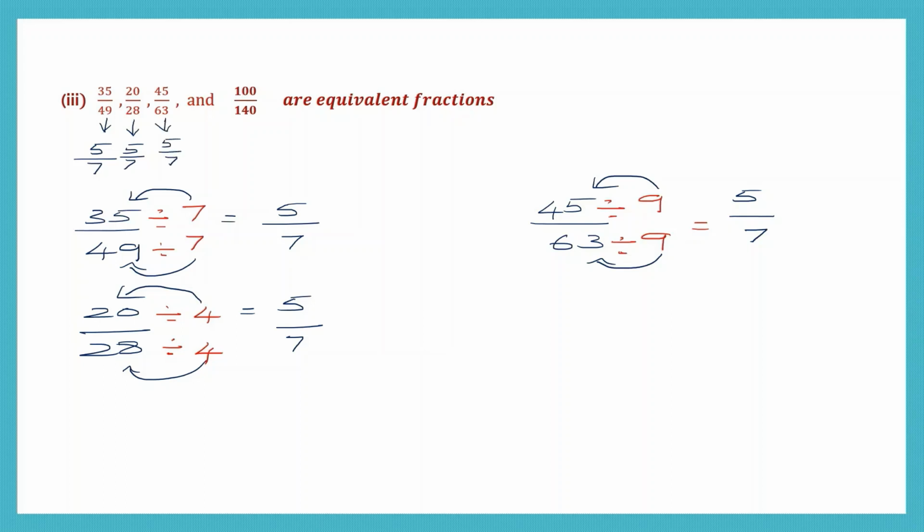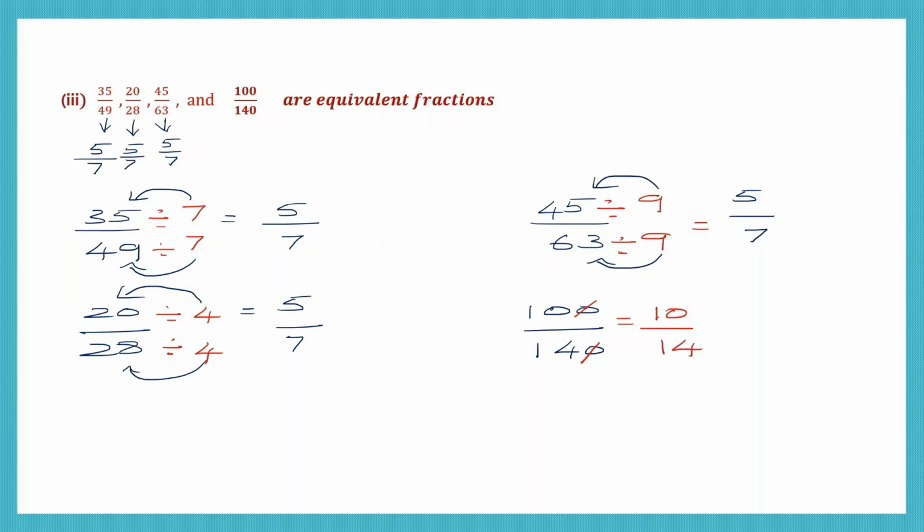Let's take the last one, 100 by 140. So now this one, both are divisible by 2, they are divisible by 5, they are divisible by 10. So now before we continue, what we can do is we can cancel off 1 0 from top and 1 0 from down. So what do we have here? 10 by 14.